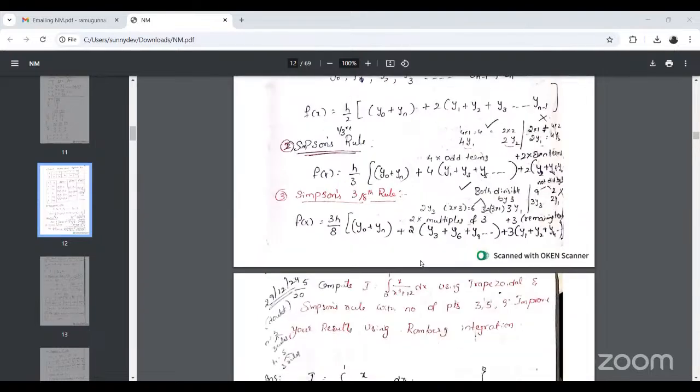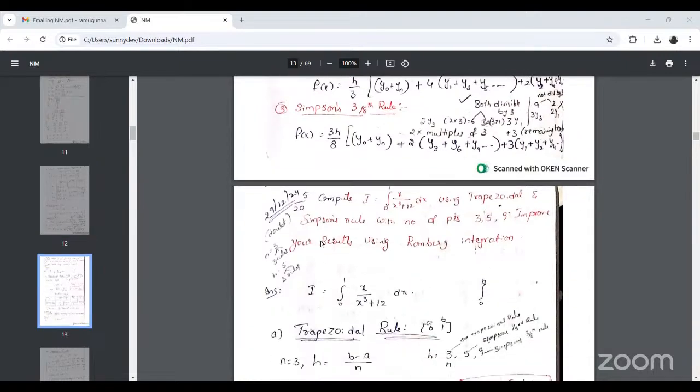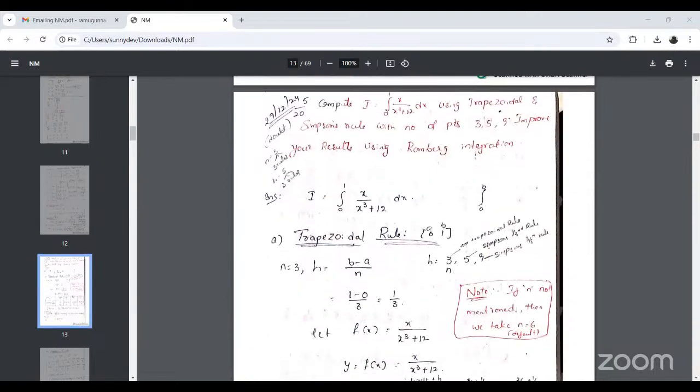These are important, so let us see the first problem. Using the trapezoidal rule and Simpson's rules, we need to find the integral, and also use Romberg integration. Take n equal to 3 for the trapezoidal rule, n equal to 5 for Simpson's 1/3 rule, and n equal to 9 for Simpson's 3/8 rule.